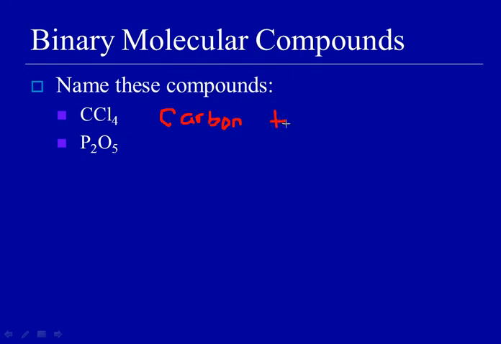If you look at the previous slide, the prefix for 4 is tetra. Then instead of saying chlorine, the second element in the name always ends with IDE, so it's going to be chloride. Carbon tetrachloride is the name for this compound.